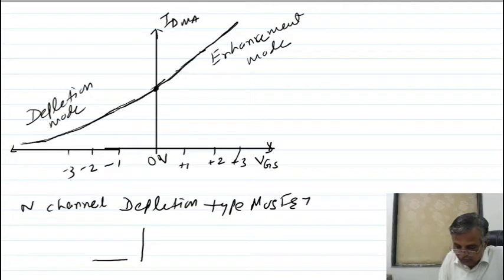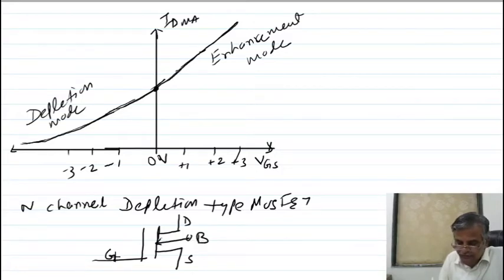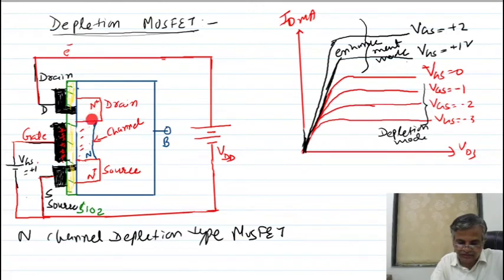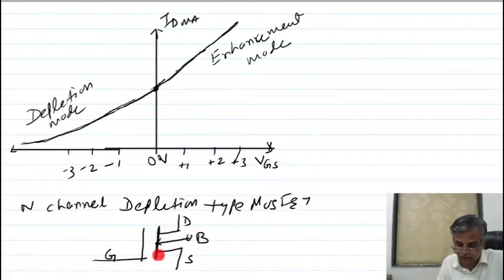And this is the symbol, see here. It's the drain, source, this is your B, and this is your gate. So a continuous channel is existing. Look here, the continuous channel is there, and that is reflected in your symbol.